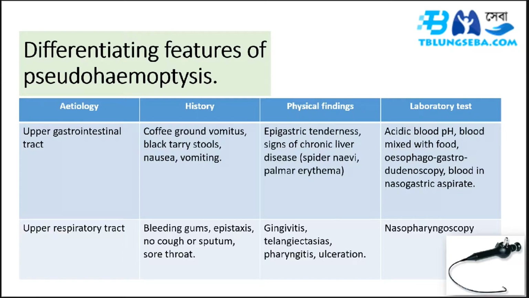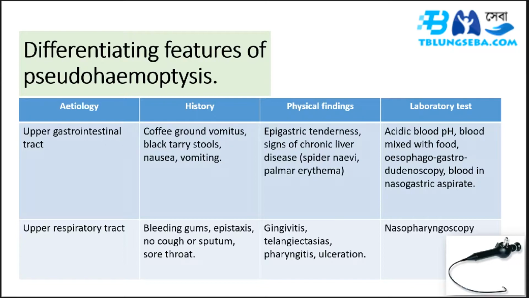Upper gastrointestinal tract: coffee ground vomitus, black tarry stools, nausea, vomiting; epigastric tenderness, signs of chronic liver disease, spider nevi, palmar erythema; acidic blood pH, blood mixed with food; esophagogastroduodenoscopy, blood in nasogastric aspirate.